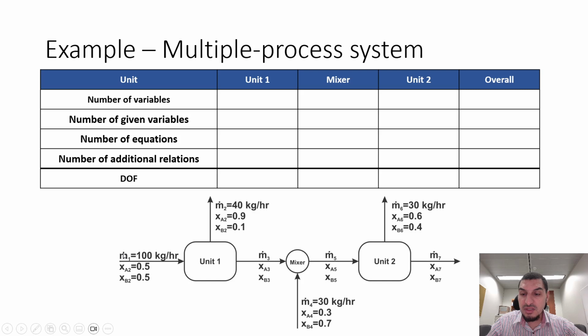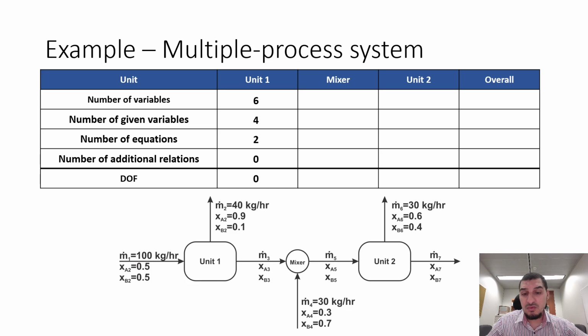The number of given variables here is 2, because one of these compositions is dependent on the other. So we have the flow rate and one composition as independent information. So these are 2, and then we have 2 here, so we have 4. And then we have 2 equations. I can write an equation on A and an equation on B. So it's 6 variables, 4 given variables, 2 equations, and no additional relations. So the degree of freedom is 6 minus 4 minus 2 minus 0, which is 0.